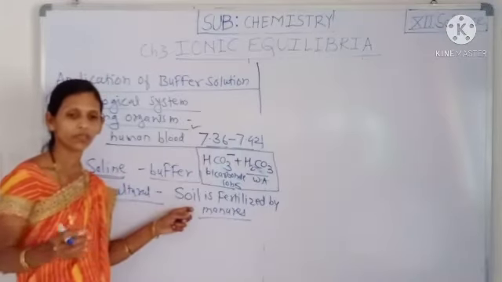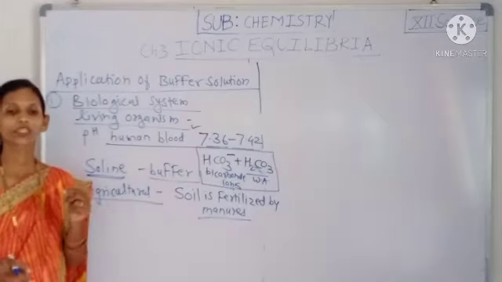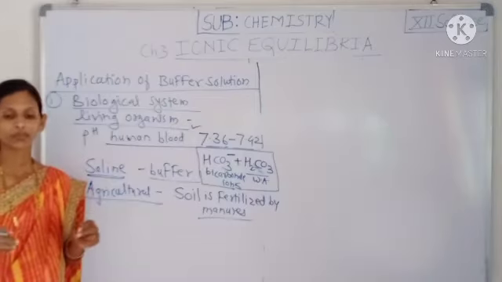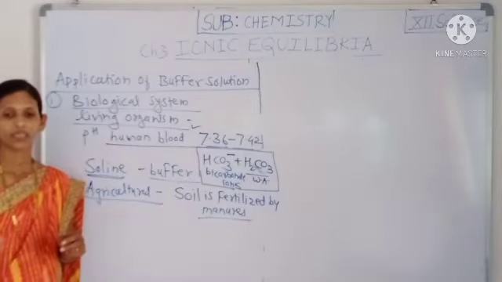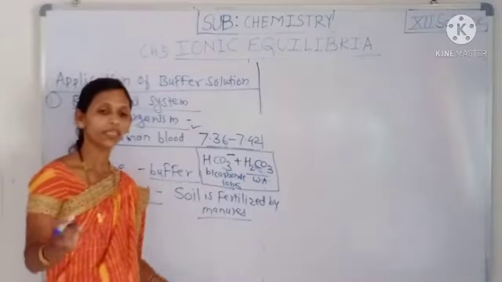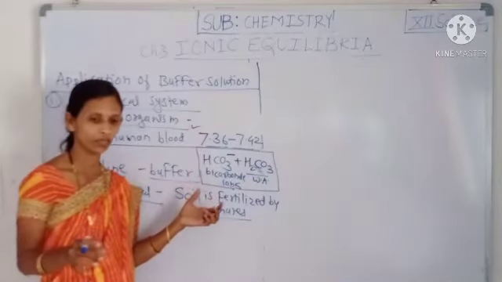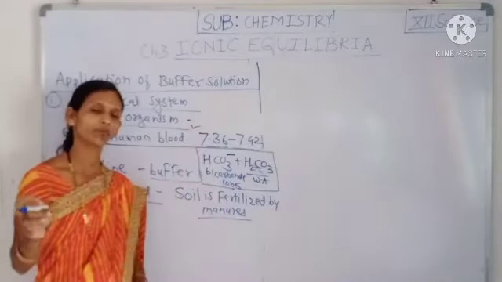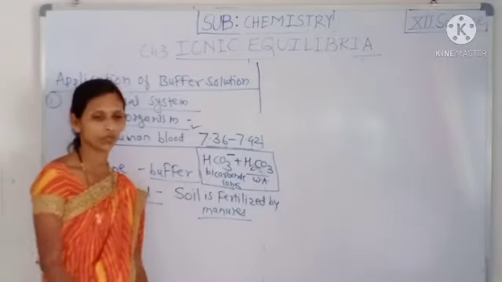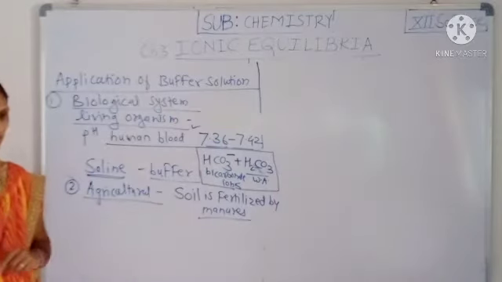That means depending upon the pH of the soil, a particular fertilizer is added into it, or the pH of that soil is maintained. Specific types of fertilizers are provided into the soil, and therefore the soil is made fertile.